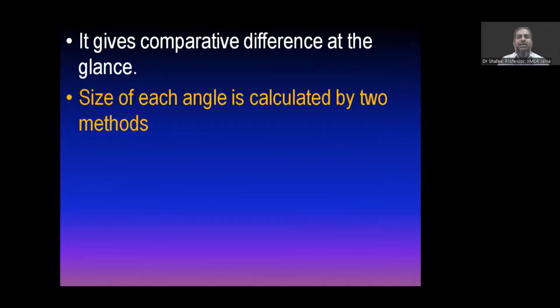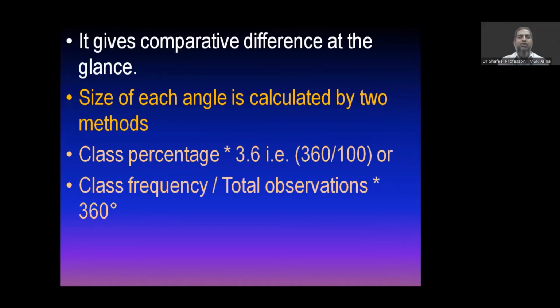The size of each angle is calculated by two methods. You need to find out how much the area of a particular variable will be in the circle or pie diagram. The class percentage is calculated by 3.6 into the number of observations, or class frequency divided by total observations. Suppose, like the example I gave you, 100 deaths in an area, and 20 are by cancer.